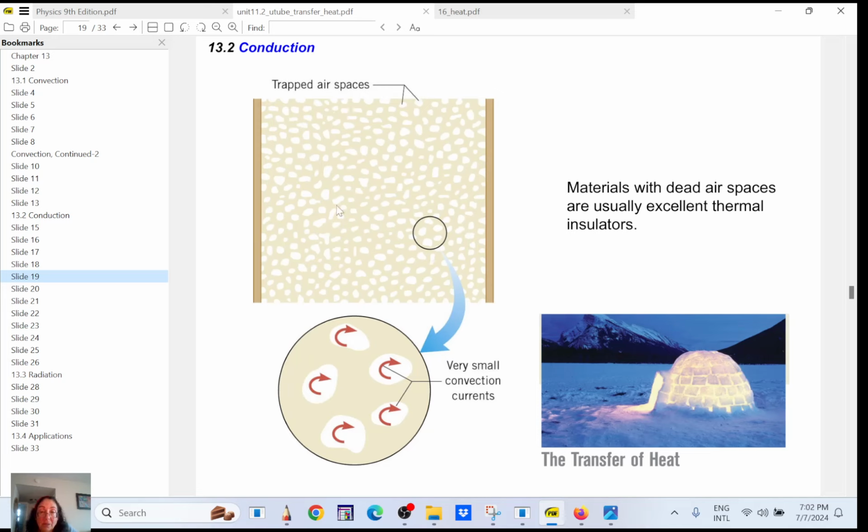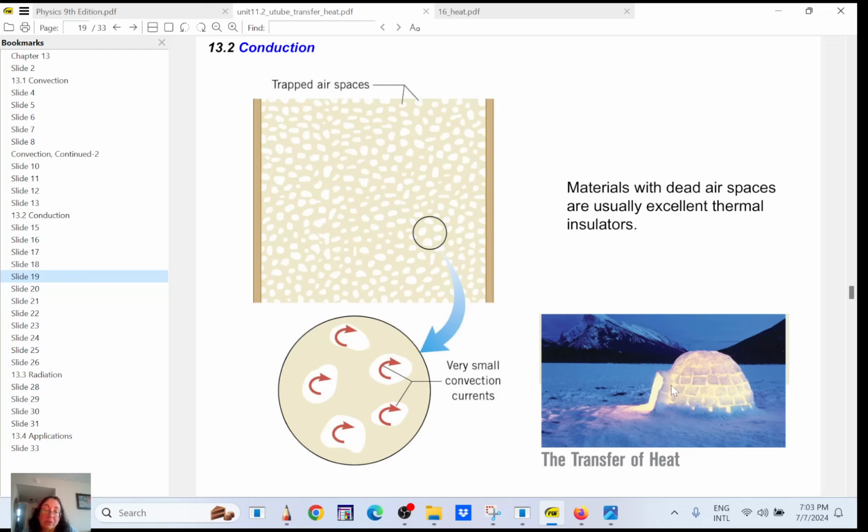In addition, you want to make these dead air spaces. That means these spaces are so small that you cannot have convection. Convection cannot happen. So these are called dead air spaces.